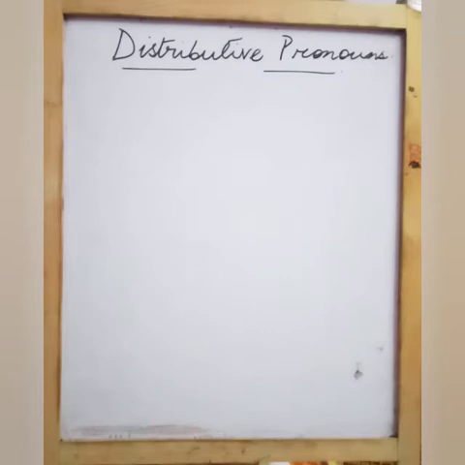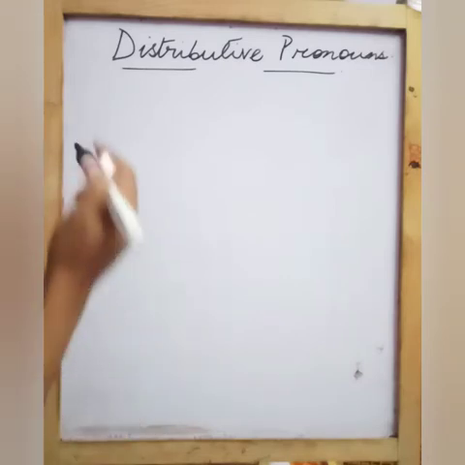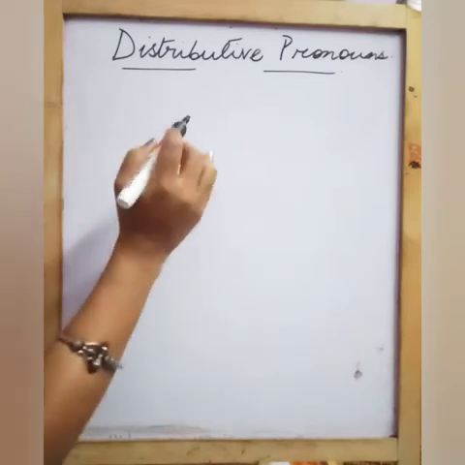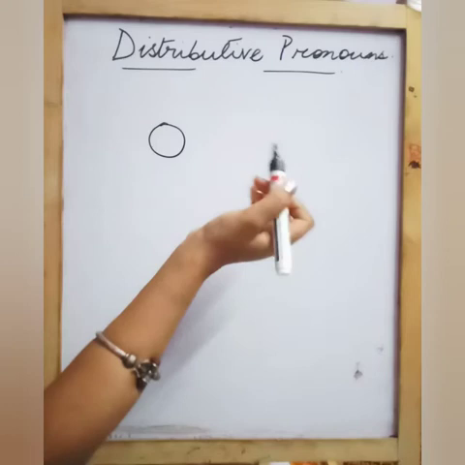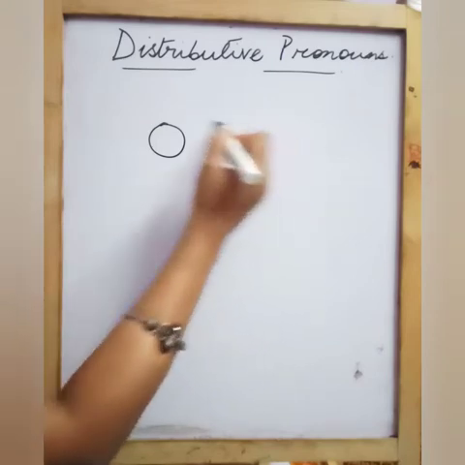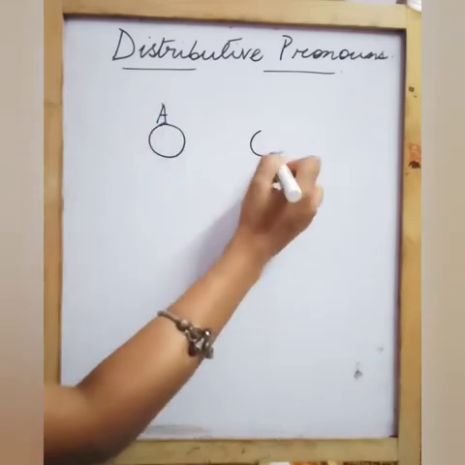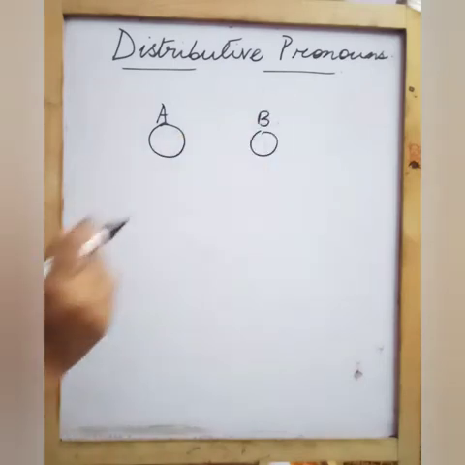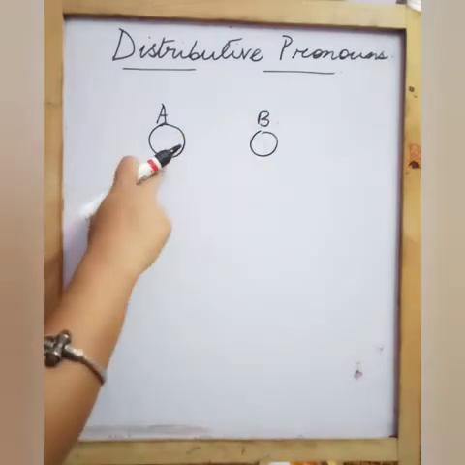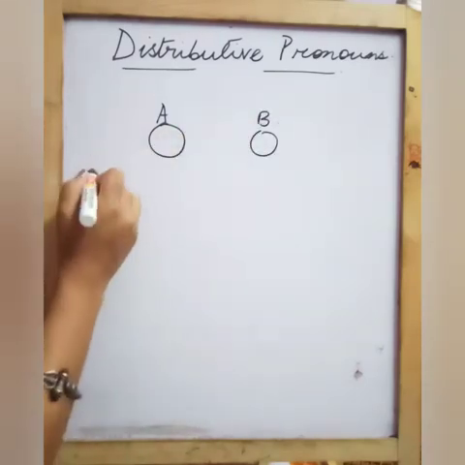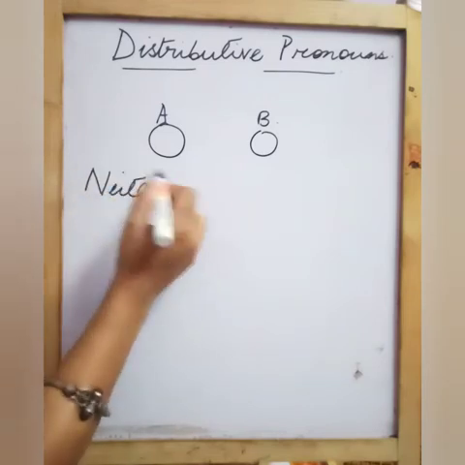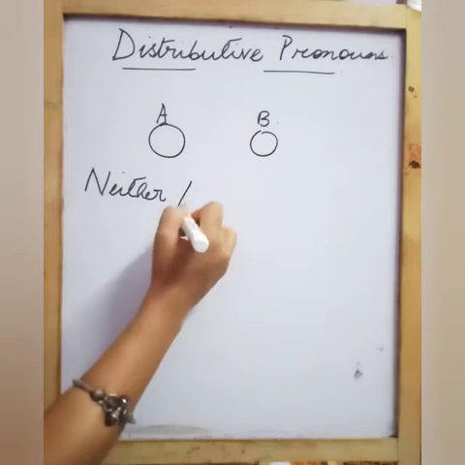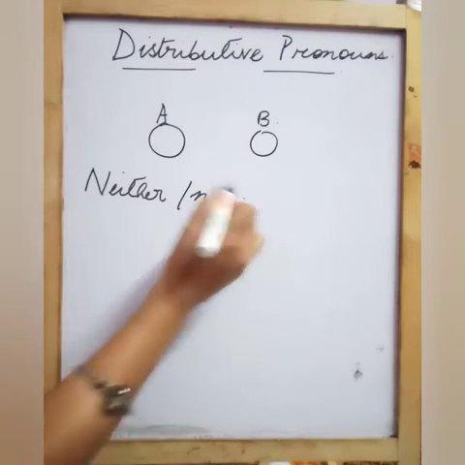Say I have given this one ball, and maybe ball A and ball B. So when I say neither this nor that, so when we use neither, with neither always remember we use neither and nor. It is negative in nature.